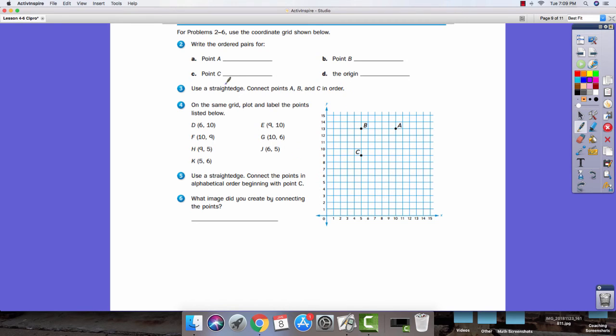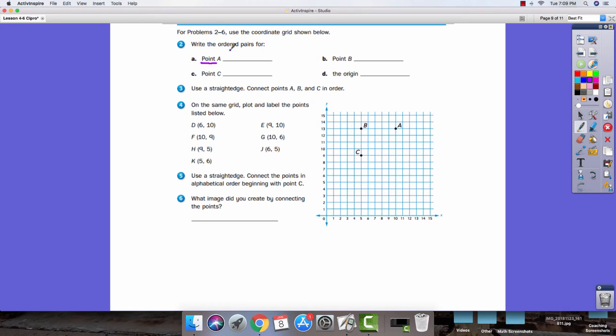For example, if I needed to write the ordered pair for point A, I would need to figure out, okay, here's point A. Let's see how far over on the x-axis, because remember that the first number in an ordered pair is your x-coordinate. I would have to go over to 10, and then up 13. So I'm going to go over 10, up 13.